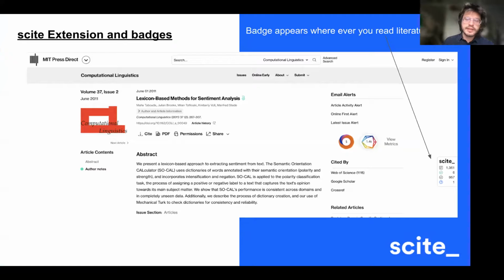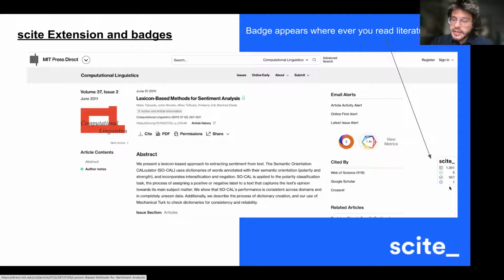And the reason why is because what our Scite extension does is there's this badge that pops up on the side, and you can see it here on the very bottom left-hand side for this paper in an MIT journal.